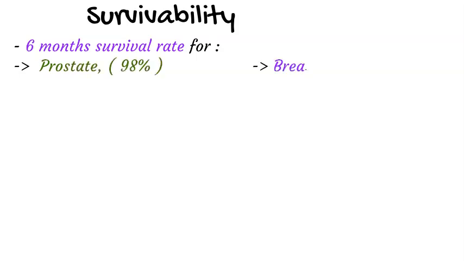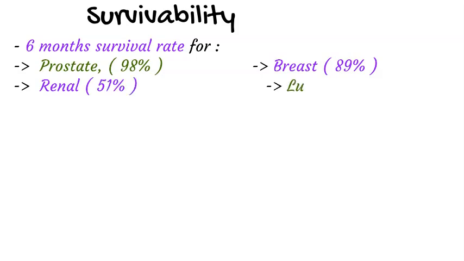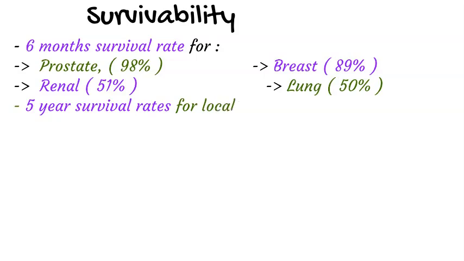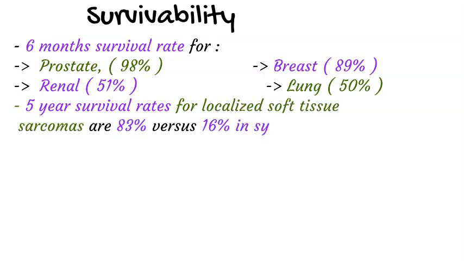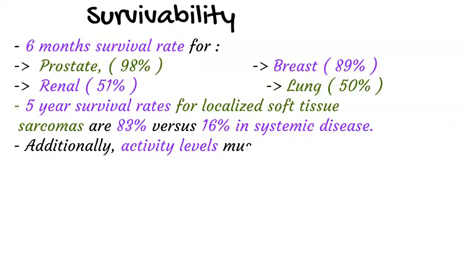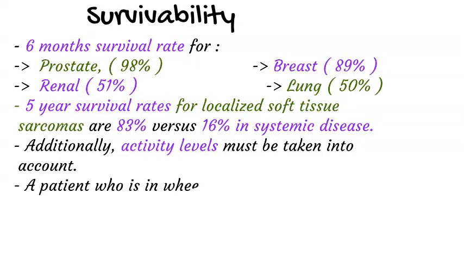Survivability. 6-month survival rate for prostate is around 98%, breast 89%, renal 51%, lungs 50%. 5-year survival rates for localized soft tissue sarcomas are 83% versus 60% in systemic disease.